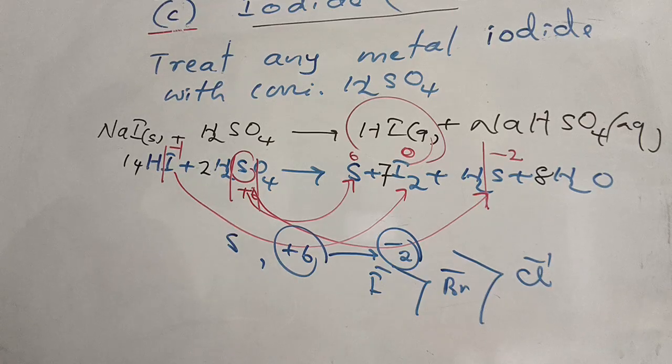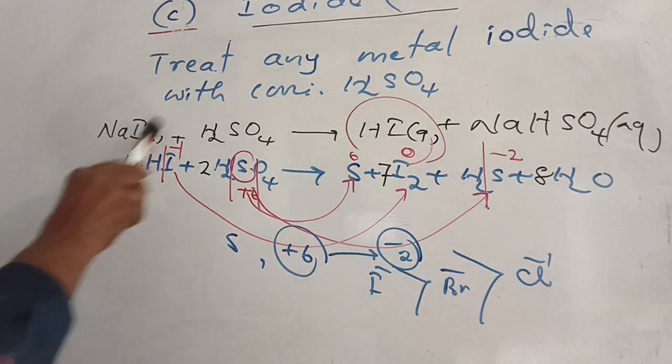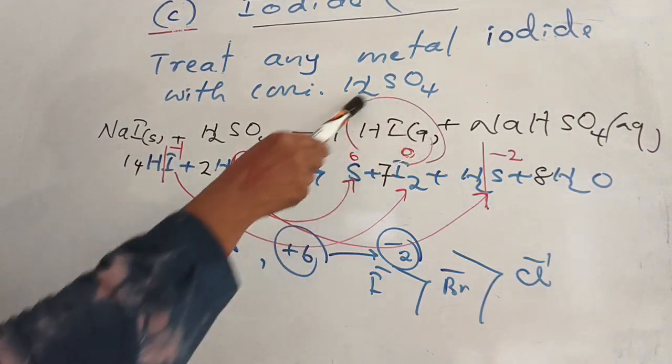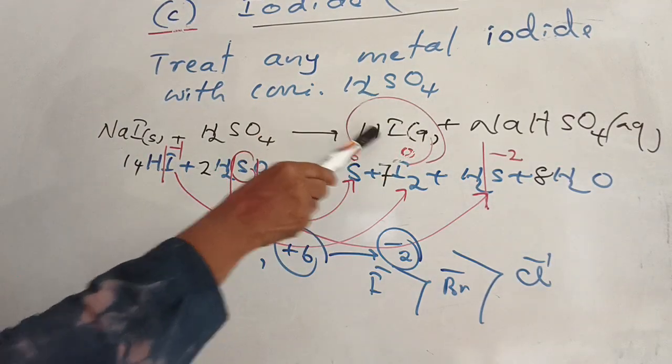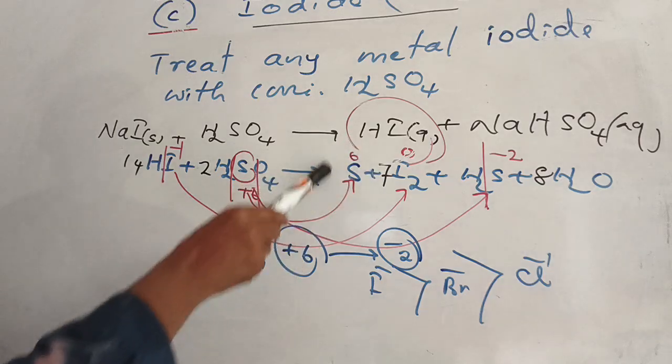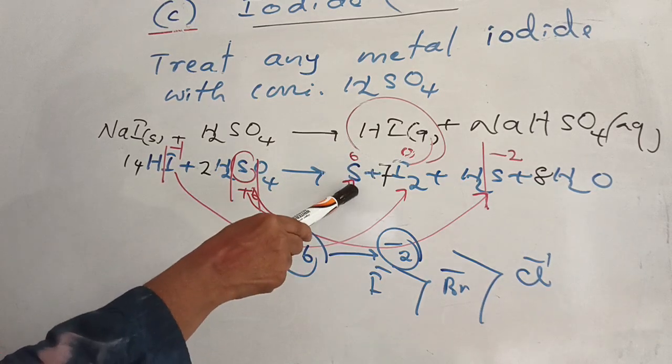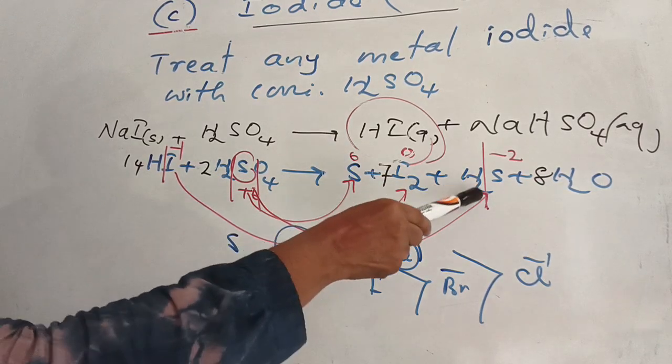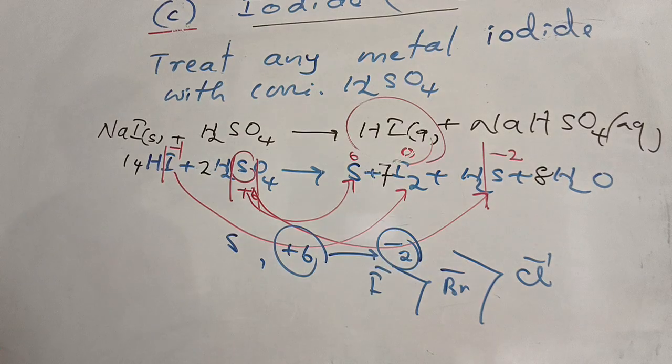We can get further observations during this reaction. You could see the steamy white fumes from hydrogen iodide. As it reacts, it produces a yellow solid, purple fumes, and a rotten egg smelling gas of hydrogen sulfide.